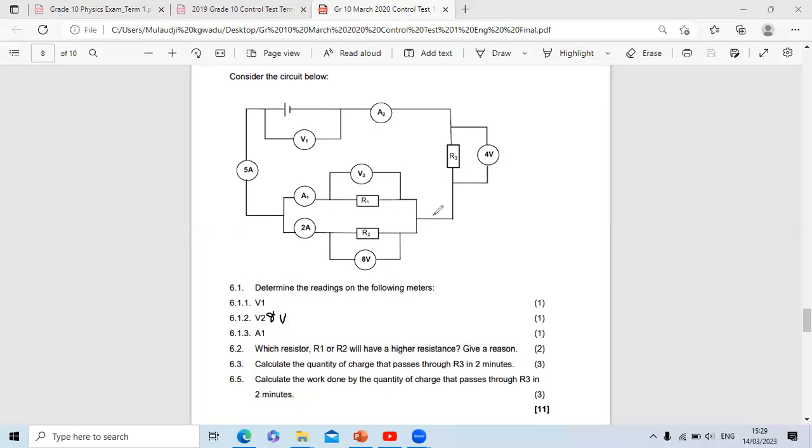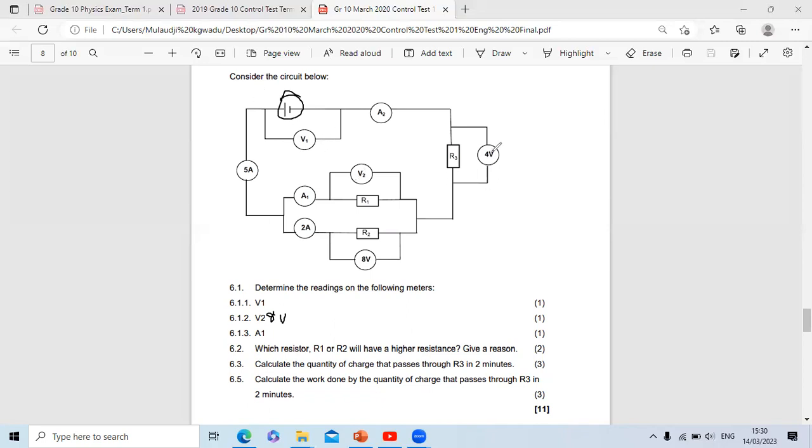So what that means is that the voltage going through R3 added to the voltage going through R2, which is equal to the voltage going through R1, is going to be equal to the voltage that the battery introduces into the circuit, or the EMF, or potential difference, whichever words you want to use.